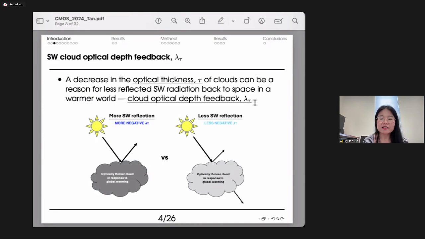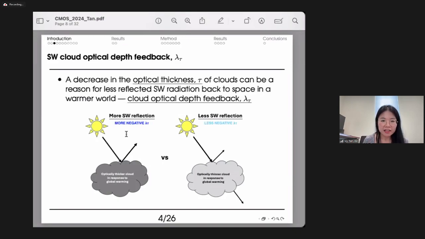To illustrate this lambda sub tau feedback, let's consider two different clouds reacting to a global warming scenario. The cloud on the left-hand side is optically thicker in response to global warming. So it reflects sunlight out to space more effectively, and it shields the surface from absorbing it. This is a cooling effect that acts as a strong negative feedback that counteracts global warming.